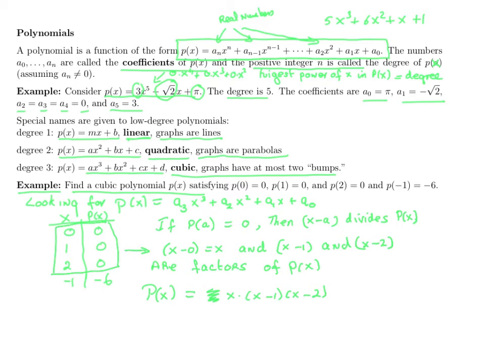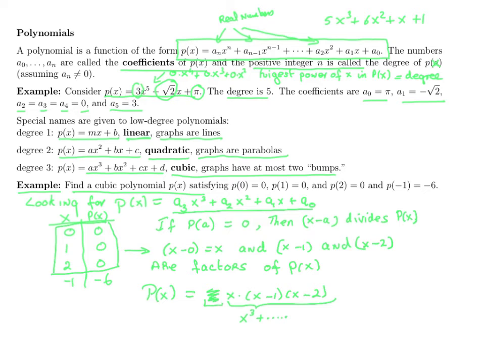Now p of x is a polynomial of degree 3, and when I multiply these 3 out, they give me another polynomial of degree 3. So the product of these three is already a polynomial of degree 3. And if I were to multiply by any other polynomial with an x in it, I would get a degree 4 or higher polynomial.